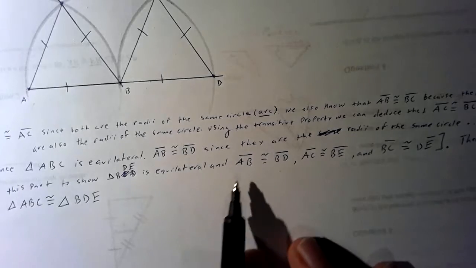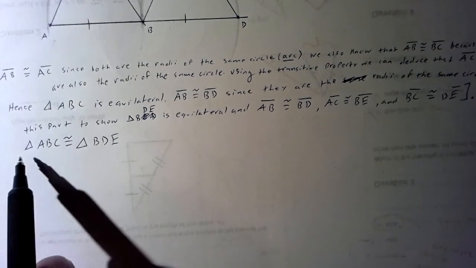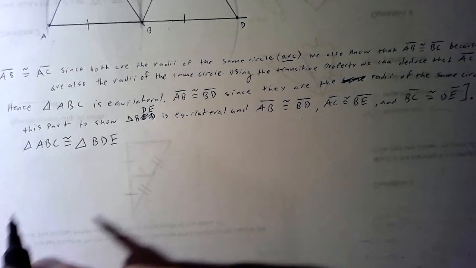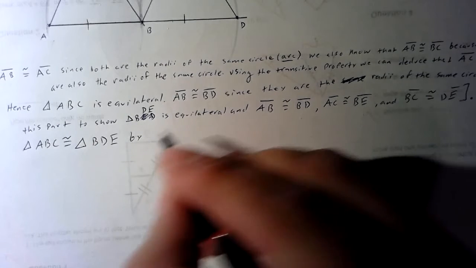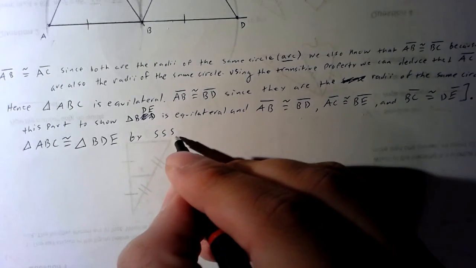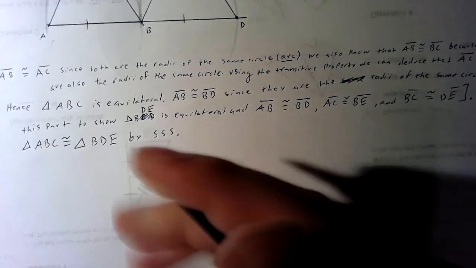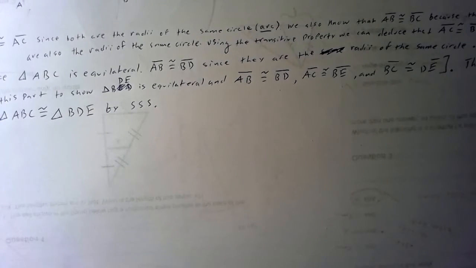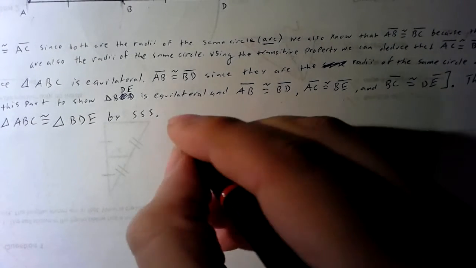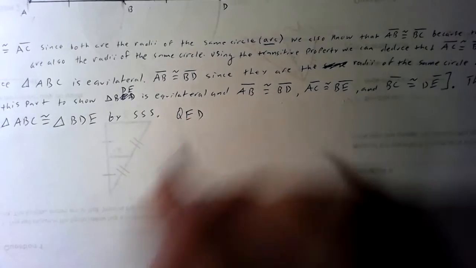Sorry, I just realized I put that there. So triangle ABC is congruent to triangle BDE by side, side, side. So you can just put like by SSS. Or it's probably better to write it out. Alright? So we're done with 2A and 2B. So I put a little QED or something here. Kind of cool. Alright.